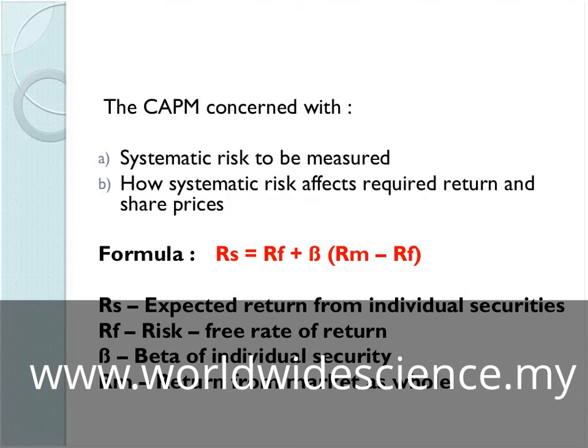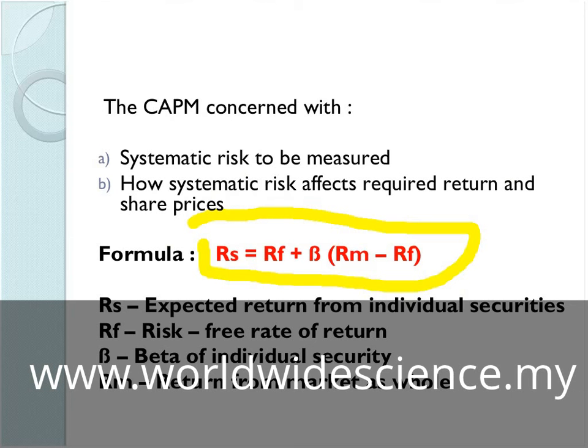So, what about the CAPM, the capital asset pricing model? Here is given the formula for how we can get the price of your shares. As you can see, the formula is RS equals RF plus B times (RM minus RF).